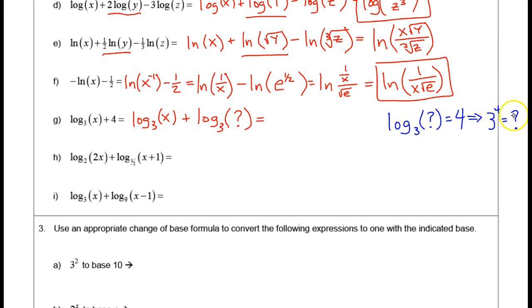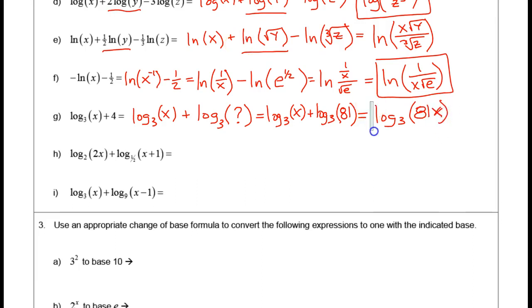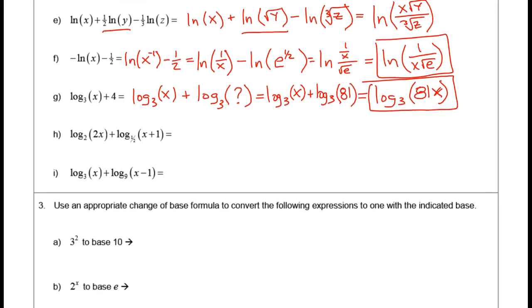So that means our question mark is no longer a question mark. It's now 81. And there's our final answer. We have the log base 3 of 81 times x.